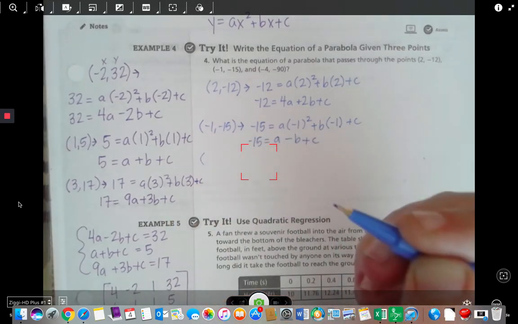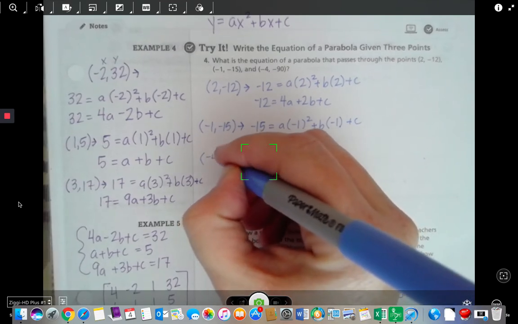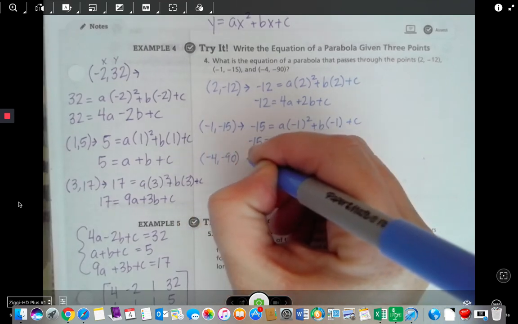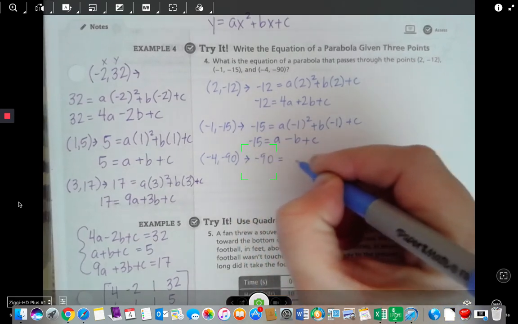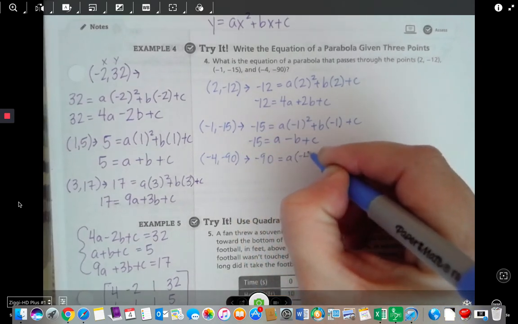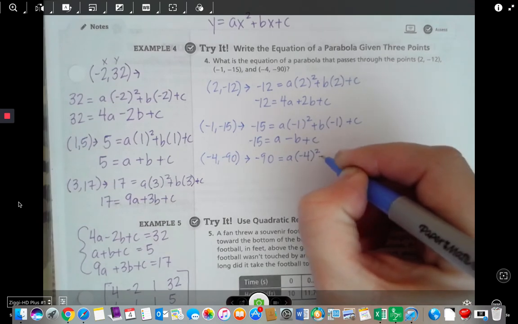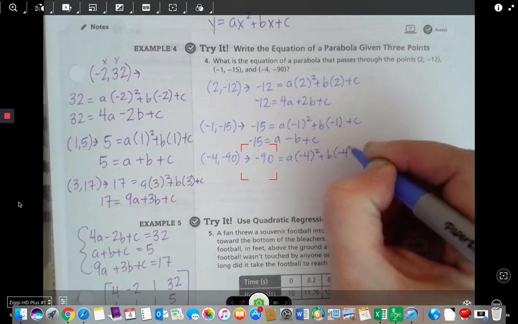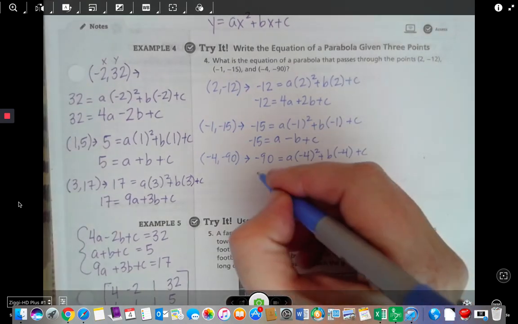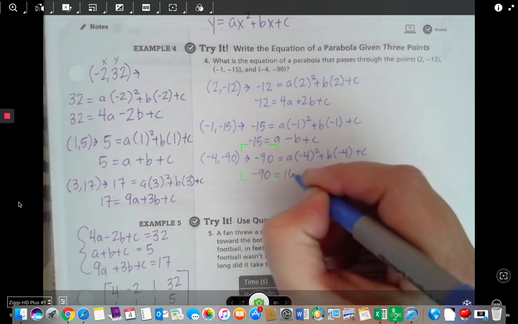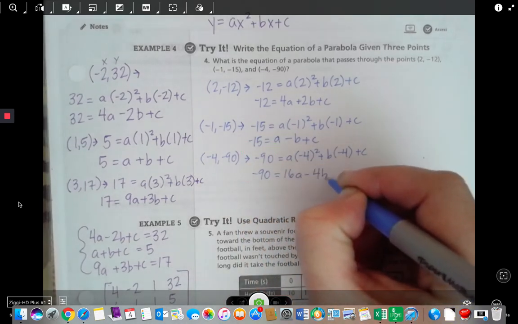And my last point is negative 4, negative 90. So we've got negative 90 equal to a times negative 4 squared plus b times negative 4 plus c. So negative 90 is equal to 16a minus 4b plus c.